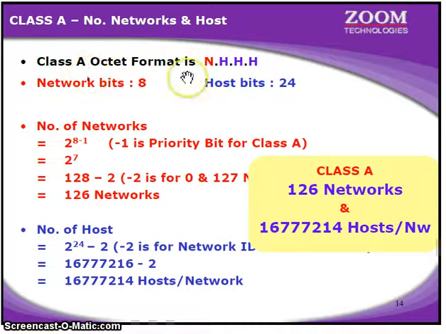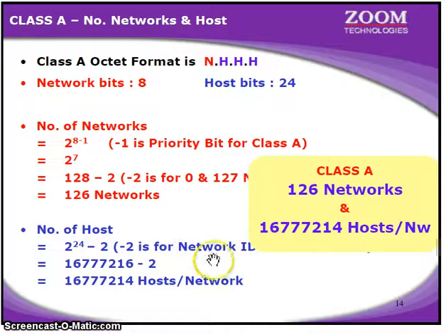Now we will calculate the number of networks and hosts in class A. The octet format for class A is as follows. The first 8 bits are the network bits, the remaining 24 bits are the host bits. The number of networks is 2 raised to 8 minus 1 for the priority bit used for class A, that is 2 raised to 7, minus 2 for the addresses 0 and 127. So the total networks we get is 126 in class A, and the number of hosts is given by 2 raised to 24 minus 2.